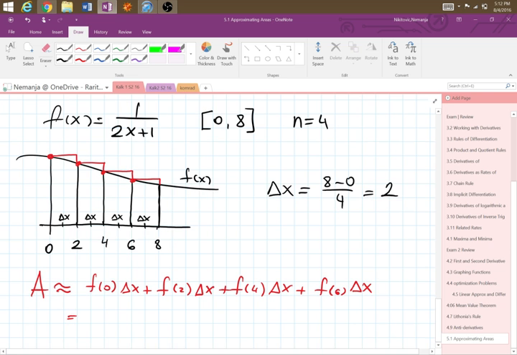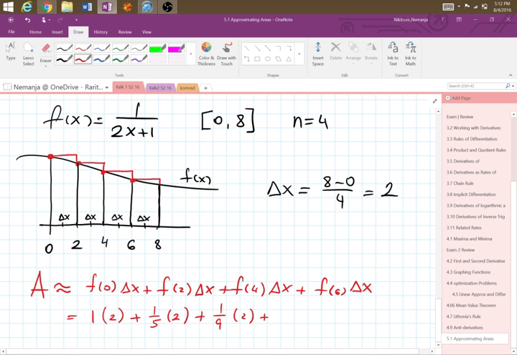So we simply start with f of 0. Plug in 0 in the equation. We get 1 times delta x, which is 2, plus f of 2. Plug in 2 over there, so it's 1/5 times, again, delta x is 2. F of 4, that's 1/9 times 2.